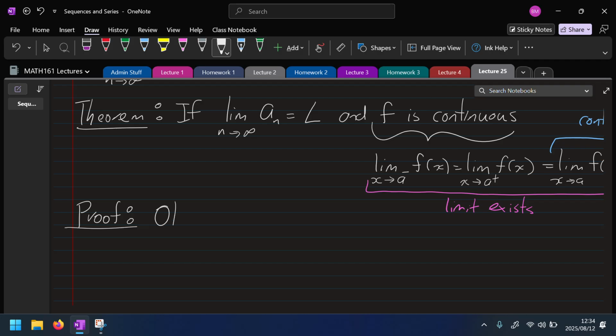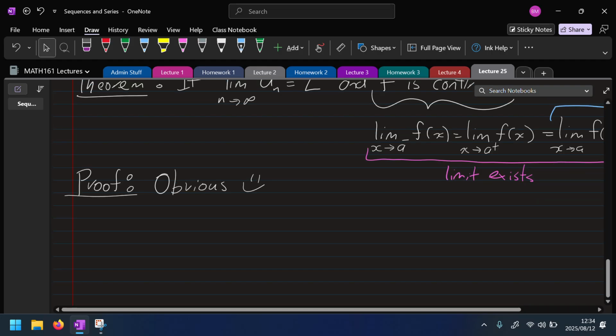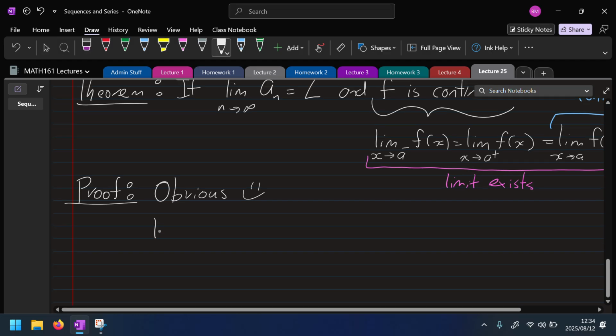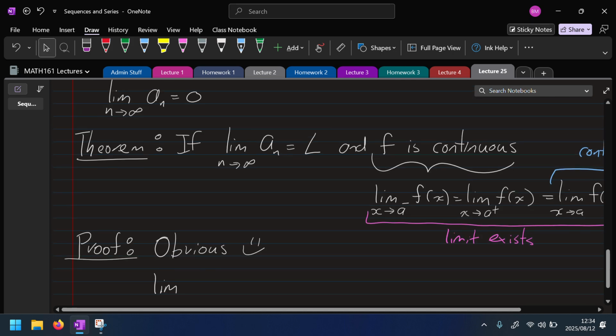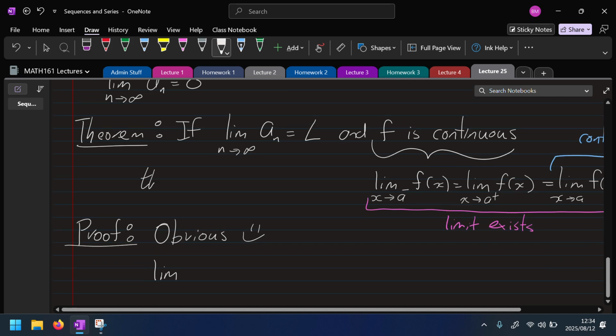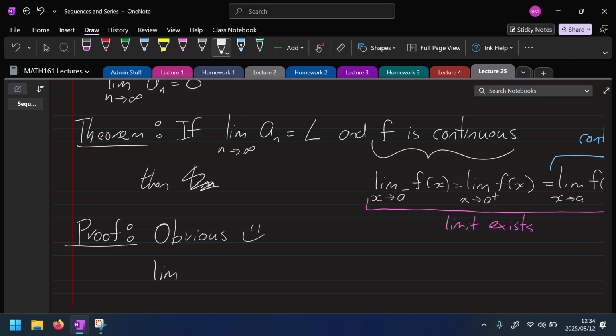The proof is obvious. We just need to rewrite the limit. That's exactly the proof. So we've got the limit, then we get f of L.